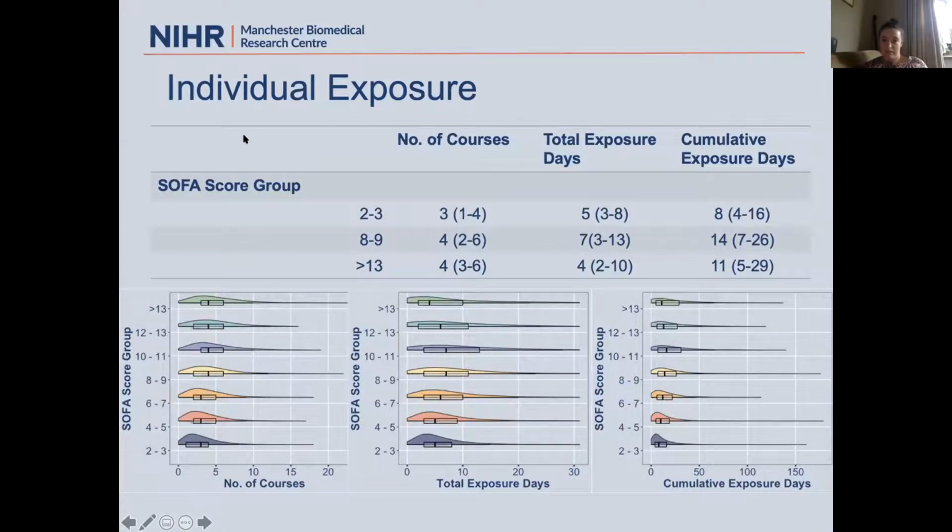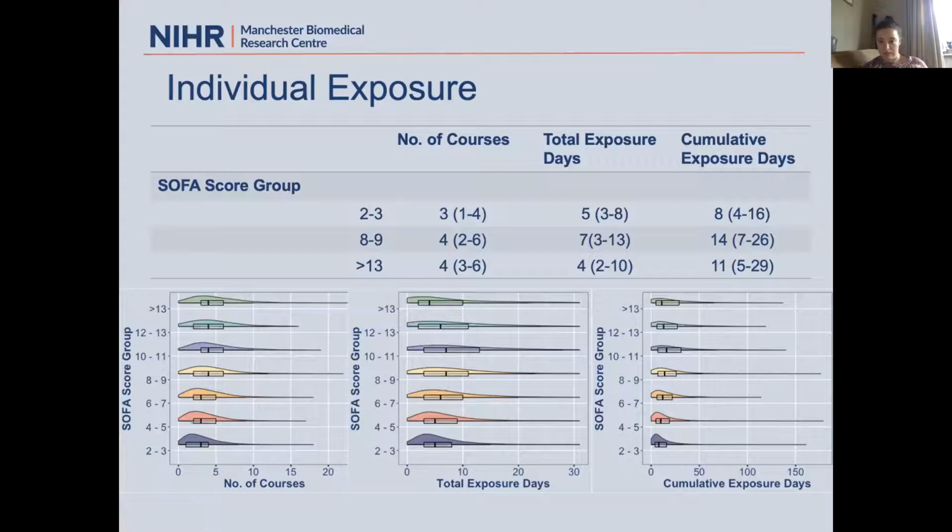This is a similar thing, looking at the SOFA score, the level of organ dysfunction. You can see that patients with a higher SOFA score are exposed to an average of 4 different antimicrobials compared to 3 in the lowest SOFA group.